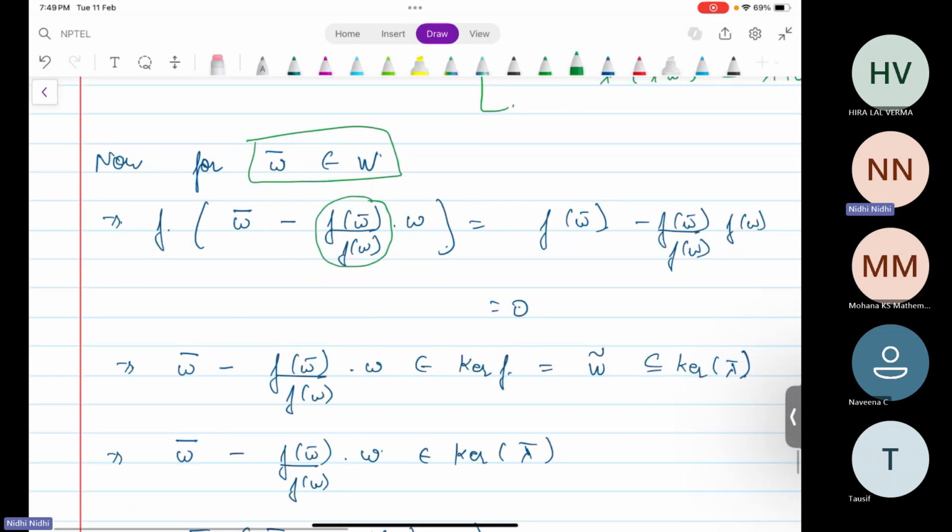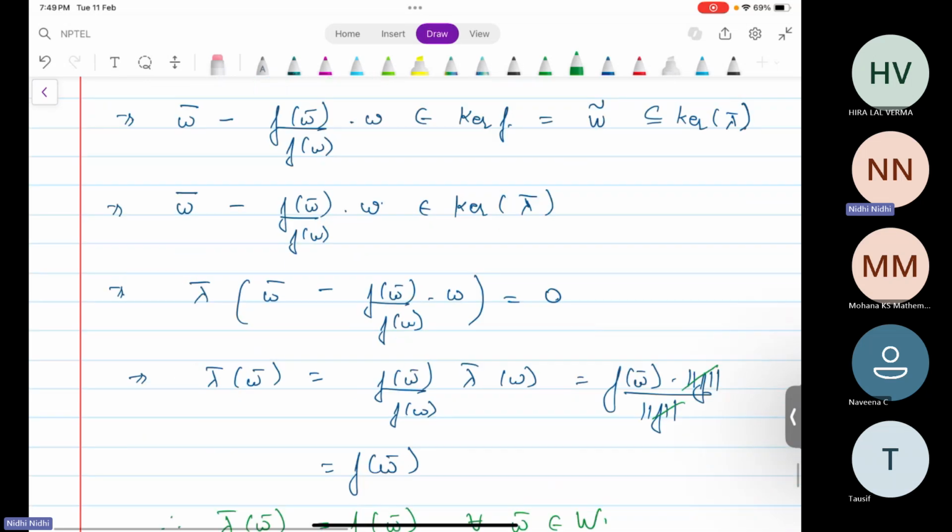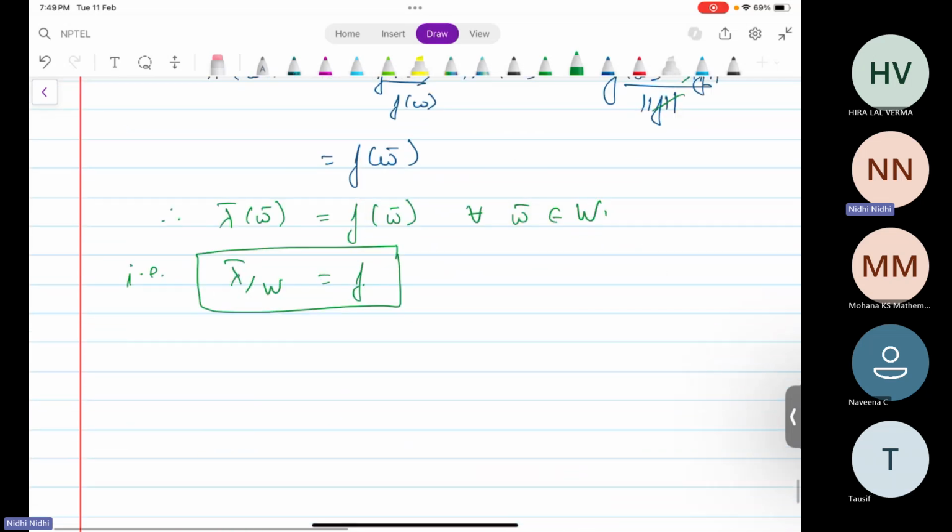Now what we are left with is the other side of the inequality. Clearly, since W is a subspace of V, we will get the other side.